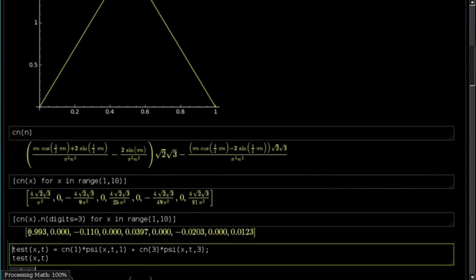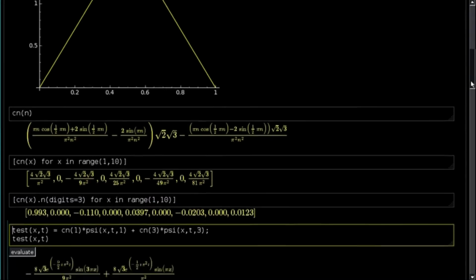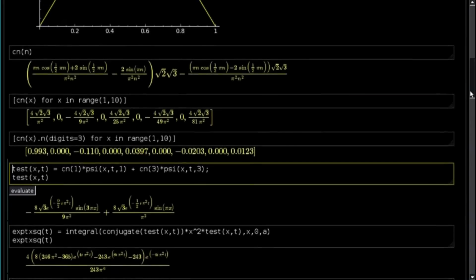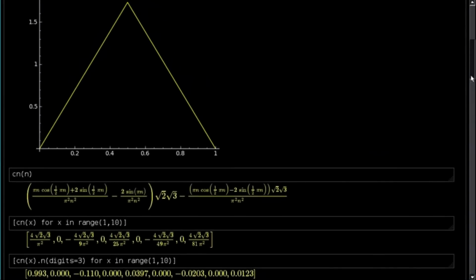We can approximate these things just to get a feel for what the numbers are actually like. And we have 0.99 minus 0.11 plus 0.039, etc. Moving on down. So that's the sort of thing that we can do relatively easily with Sage. Get these types of integral expressions and their values.